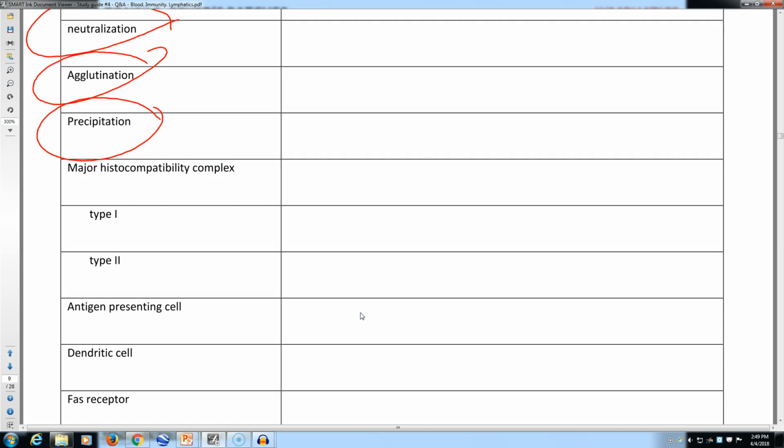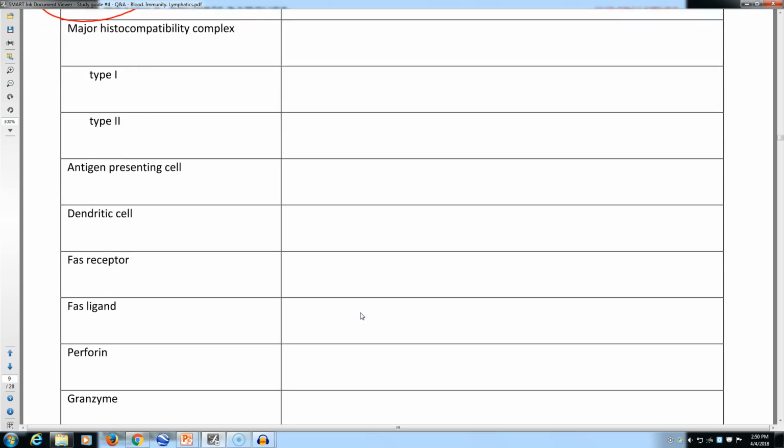MHC class 2 presents the antigen to CD4 cells. Therefore, CD4 cells will interact during the antigen presentation with antigen-presenting cells, macrophages, or B cells. 3 types of APCs, right? CD8 cells, in general, can interact with any nucleated cell in the human body. Does that make sense? So for antigen-presenting cell, know the 3 types: macrophages, B cells, dendritic cells.